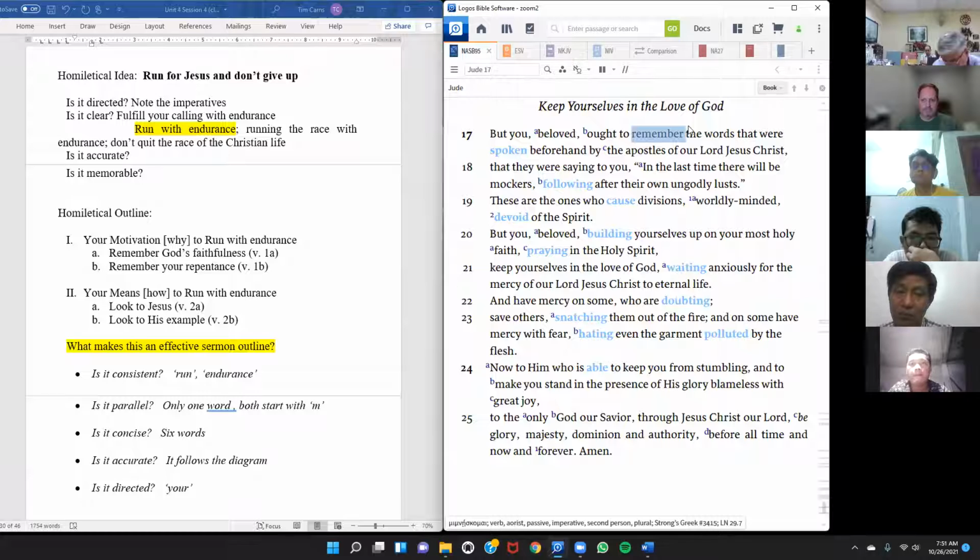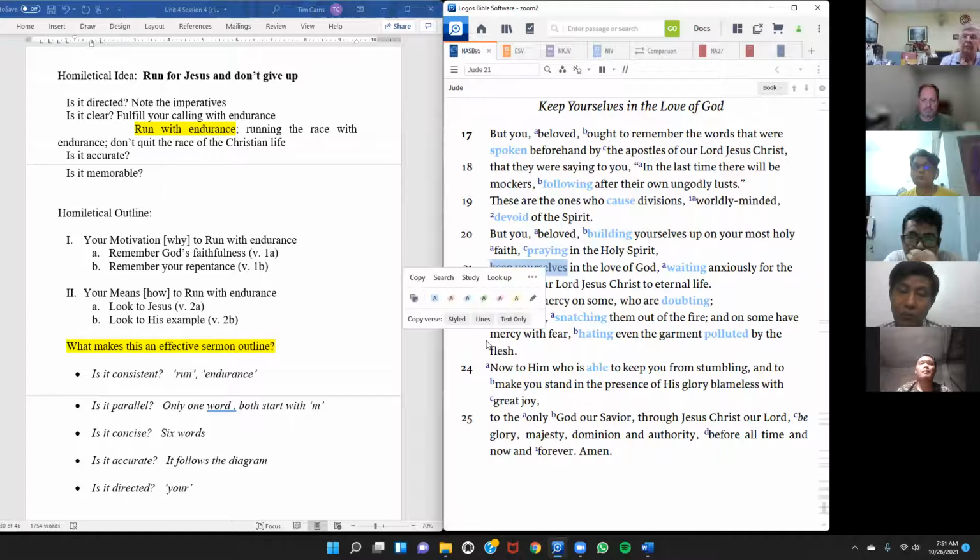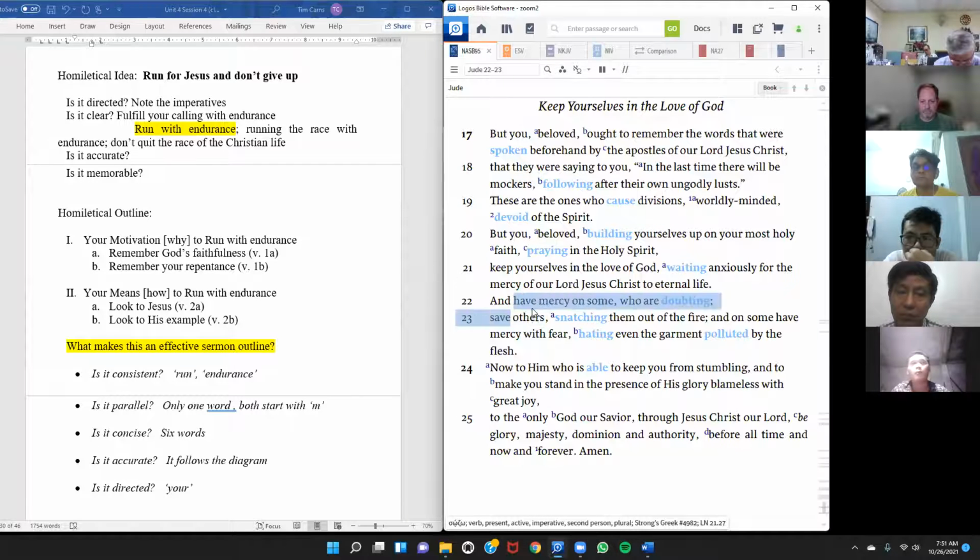And then 20 to 21, you have remain, right? Remain in the love of God. Keep yourself in the love of God. And then 22, 23, you have rescue, right? Rescue those who are doubting, those who are in the false teaching, and so on. So you have remember, remain, and rescue from 17 to 23 of Jude.